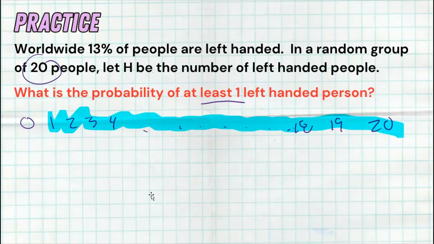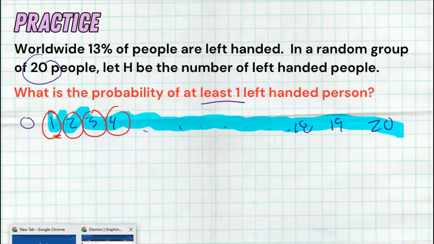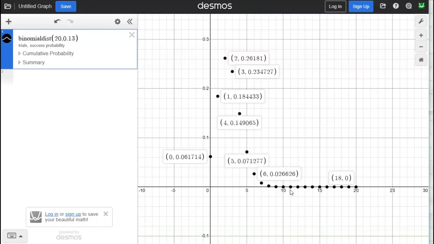So one thing we could do that we're not going to do is calculate the probability of 1, then calculate the probability of 2, then calculate the probability of 3, then calculate the probability of 4, and then basically add them all together. So if I actually go back to this model here, I could find the probabilities of everything except for 0. Find the probability of 1, 2, 3, 4, 5, 6, all the way up to 20, which again is pretty low, basically 0, and then add them all together and I'll get my answer.